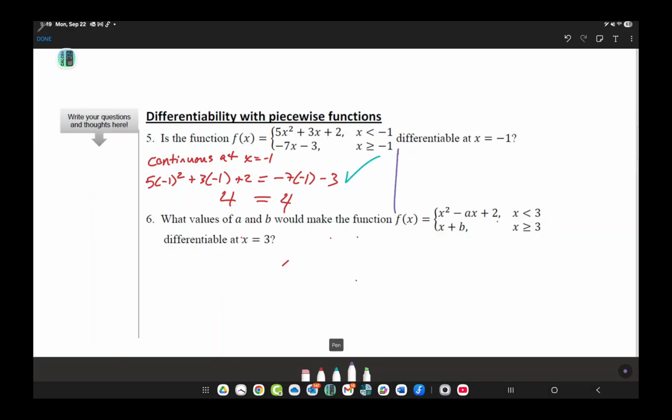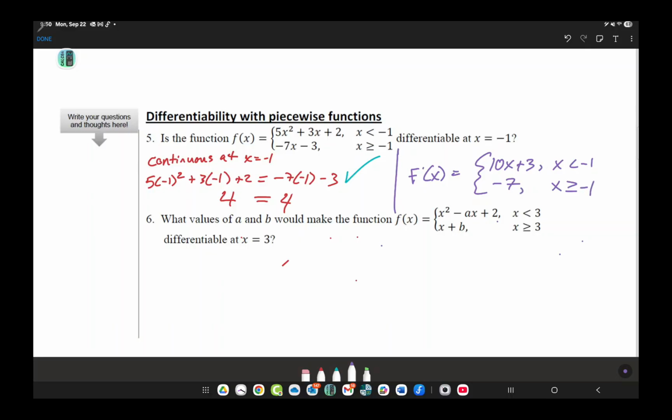All right. For differentiability, since we know it's continuous, we can do the derivative of each part separately. So f prime of x is going to be 10x plus 3 and -7, at x less than -1, and x greater than or equal to -1.